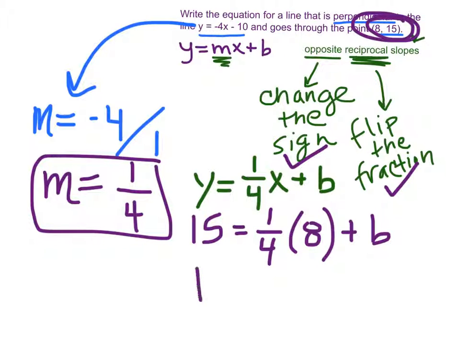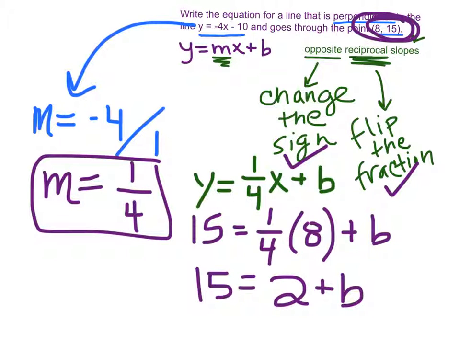So 15 equals 1/4 times 8, that's the same thing as 1/4 of 8. You could use your calculator to do this if you're stuck, but for this one it's not too bad. 1/4 of 8 is just 2. So we'll write 2 plus b, and now we just need to solve for b.